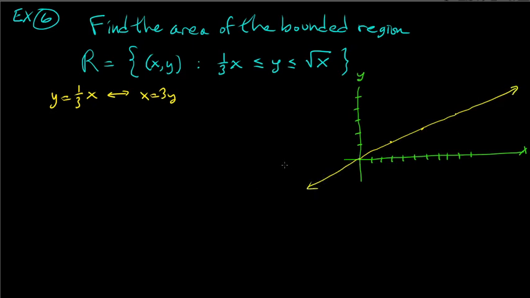Right. There we go, right? So this is just y equals 1/3 x. And then the upper boundary here is y equals the square root of x. Or, if you prefer, right, x equals y squared. Right. And I think you know what that looks like. So 0, 0, 1, 1, 4, 2, and then 9, 3.